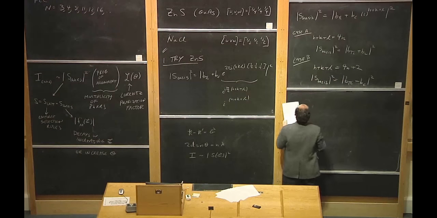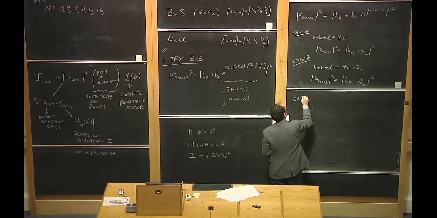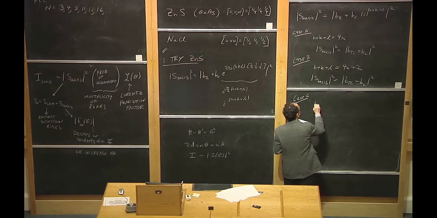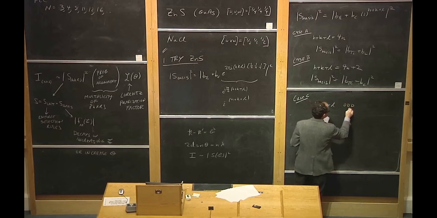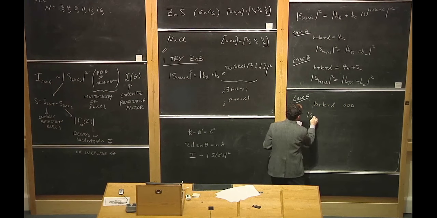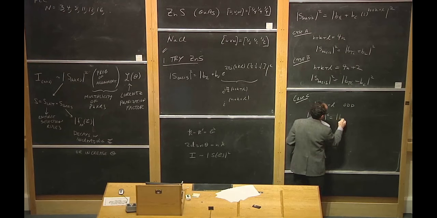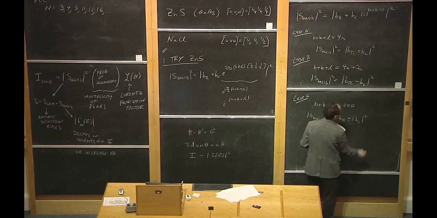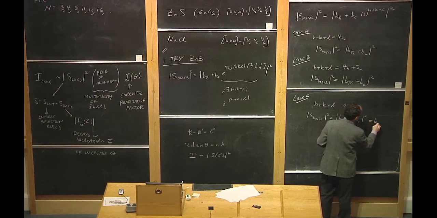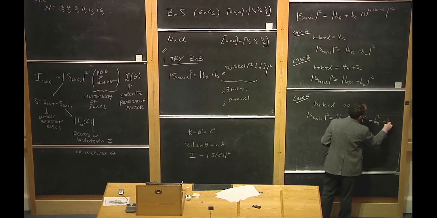And the third case, case C, is H plus K plus L is odd, in which case S basis squared is |B titanium plus or minus i times B carbon| squared, which is B titanium squared plus B carbon squared.